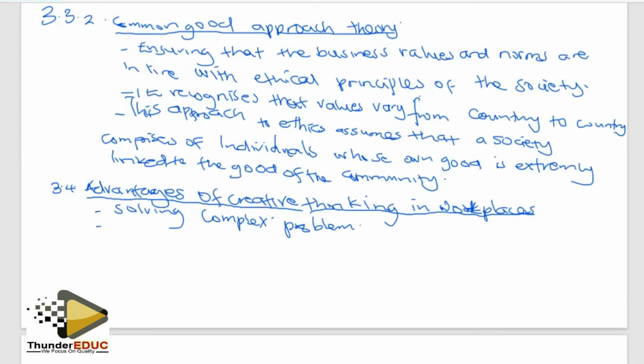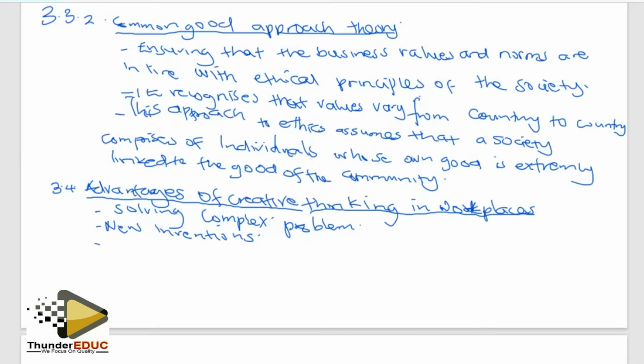It leads to new inventions. We can discover new things and even innovations, and this will improve the standards of living.